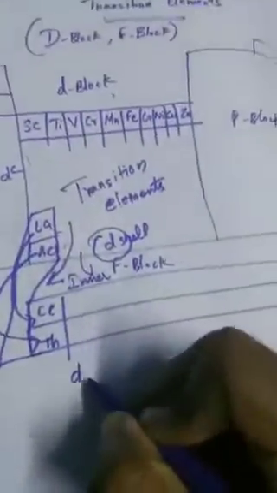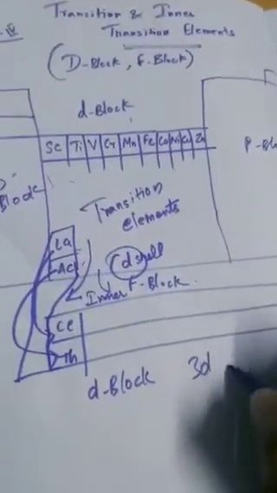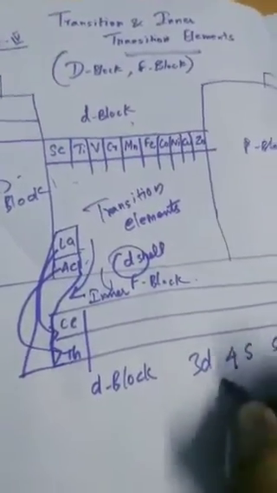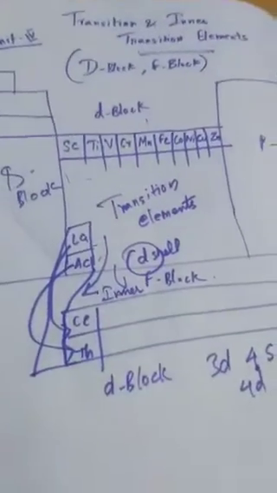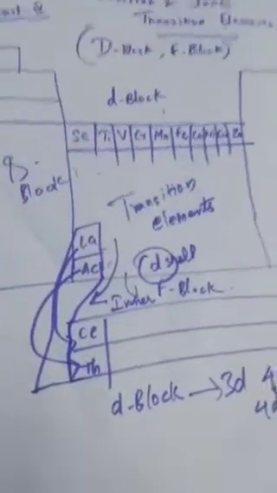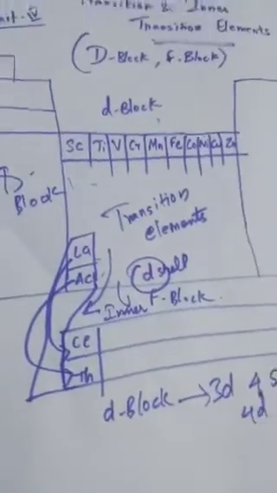The D block elements comprise the 3D series, 4D series, and 5D series. These are all the subshells D block elements will have.